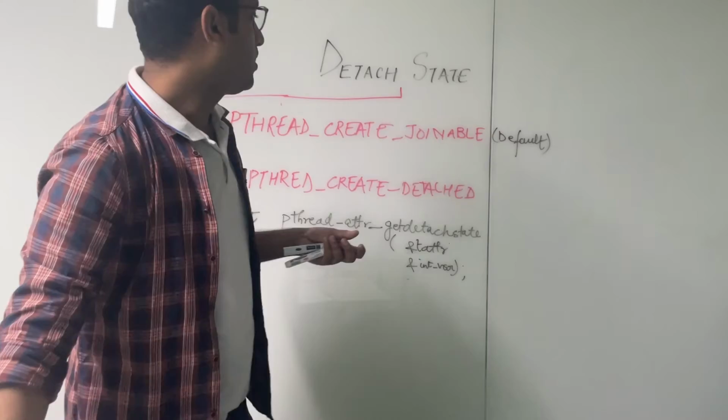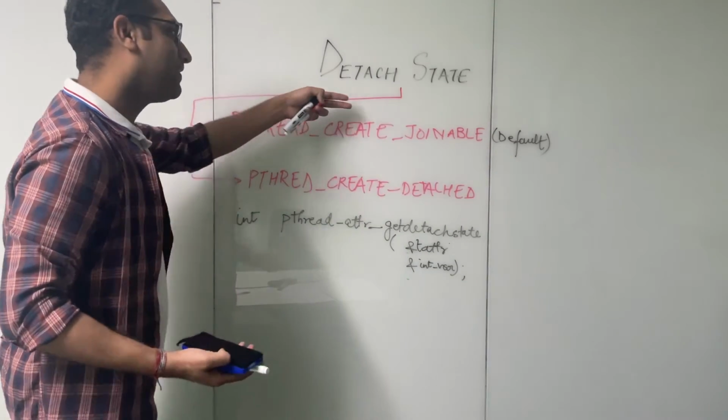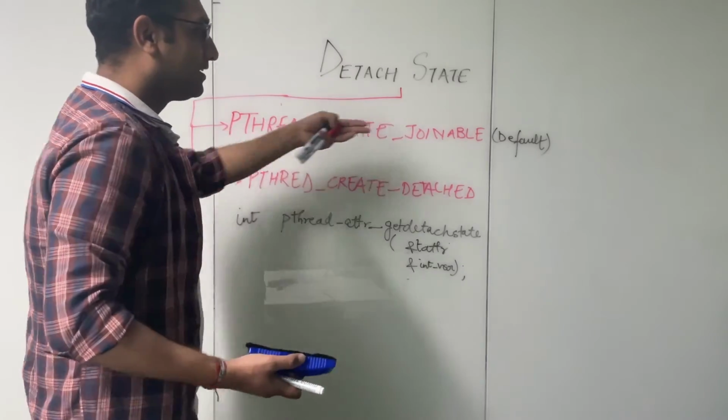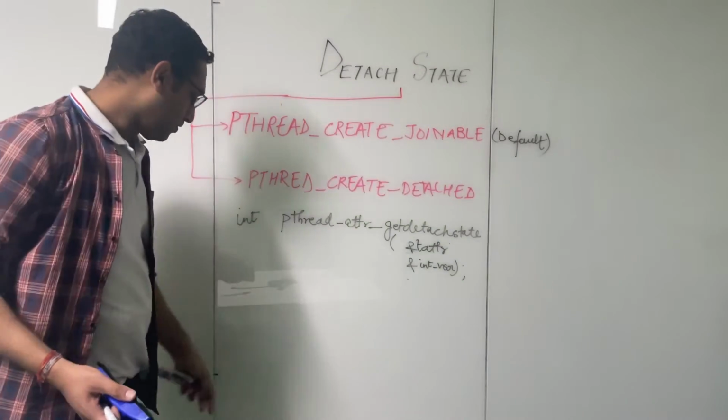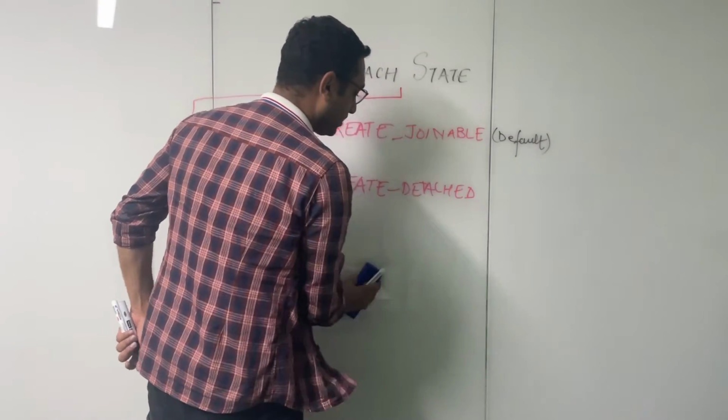Okay, now the big question, what do these two mean? We saw that detached state can be these two offered by POSIX, and this is default, and we saw the APIs that can set this value or that can read what the detached state is.